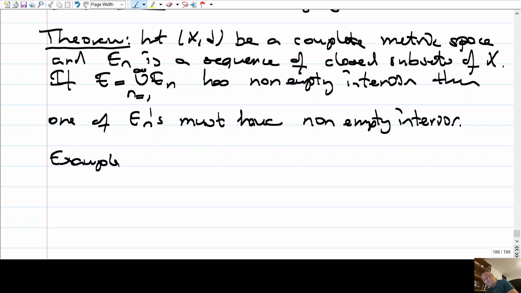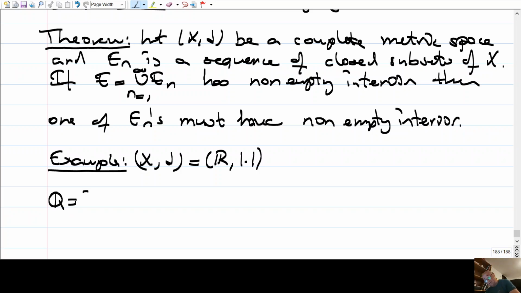An application of this is the following. Example. Take (X, d) to be R with the absolute value metric. And consider Q, the rational numbers, p over q, q is not zero.